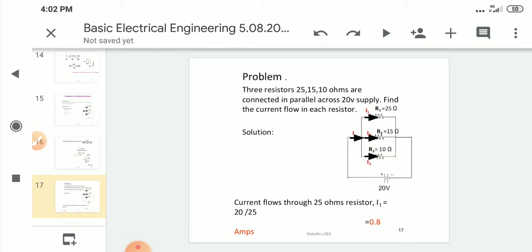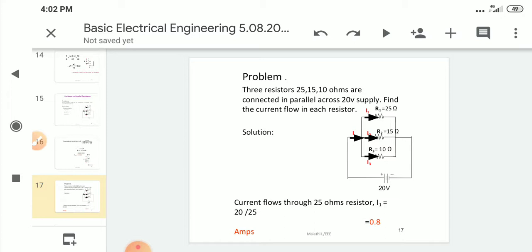Next model. Three resistors 25, 15 and 10 ohms are connected in parallel across a 20 volt supply. Find the current in each resistor. Here I is I1, I2, I3. So capital I is equal to I1 plus I2 plus I3.